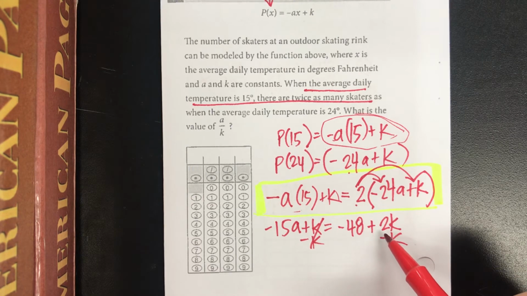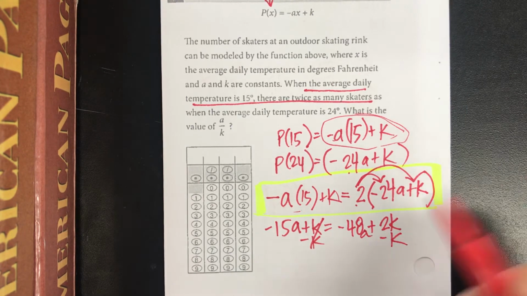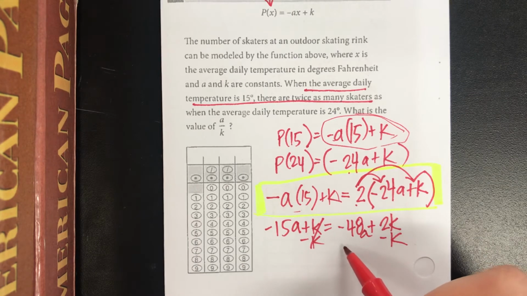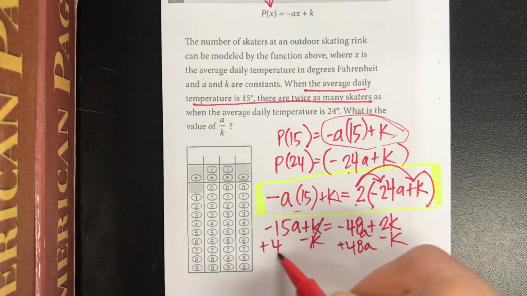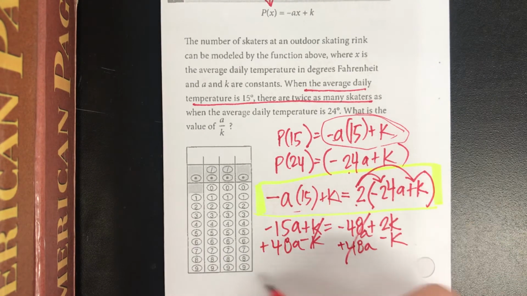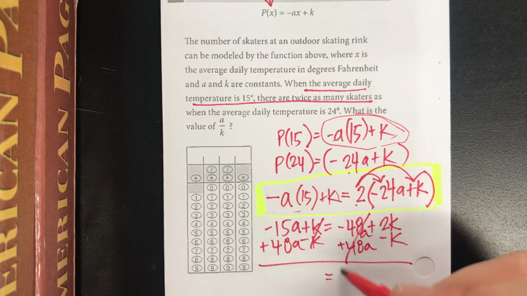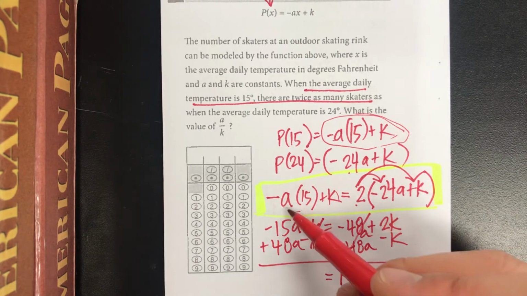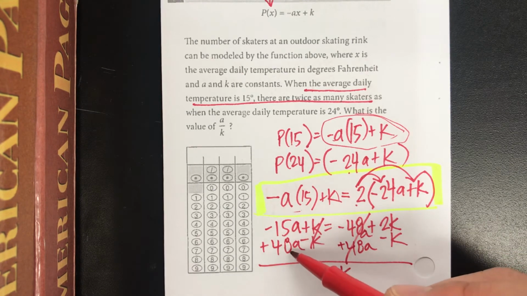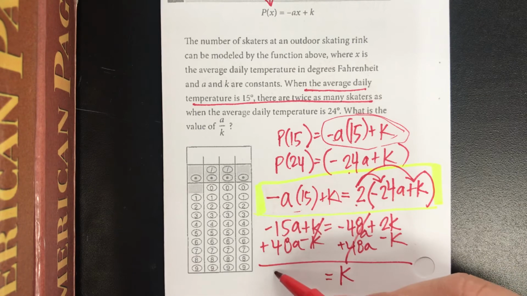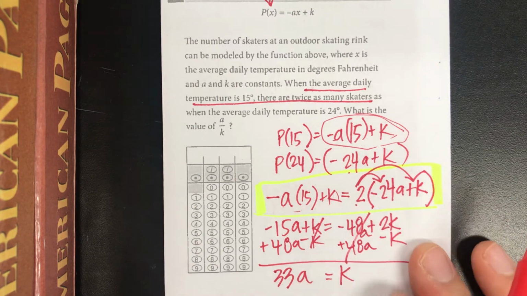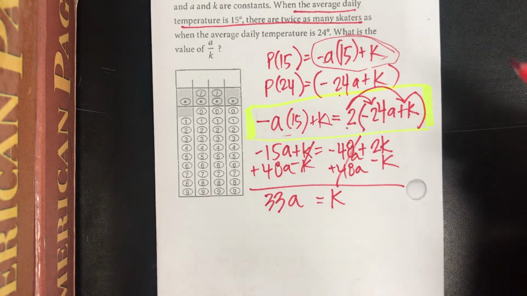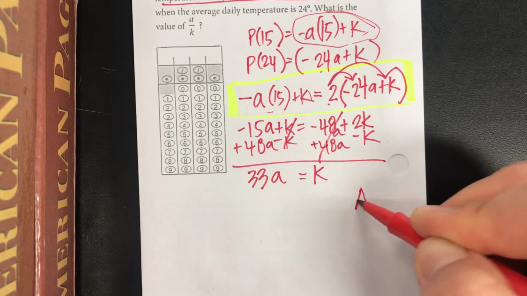And then you have your, sorry, this is an A, that's what I'm not looking at. So now you could go positive 48A here, positive 48A here. That will cross out. So you're going to have here regular K is going to equal, and you just go 48 minus 15, which is 33A.